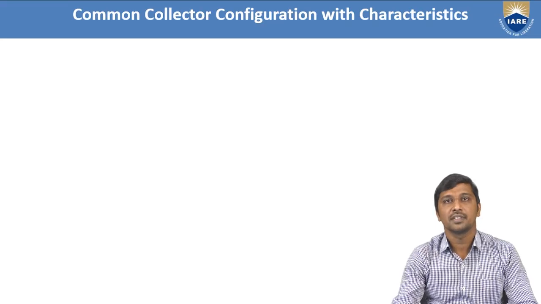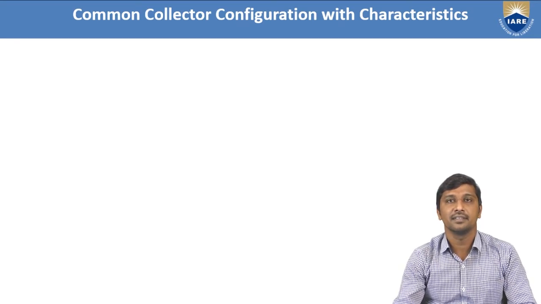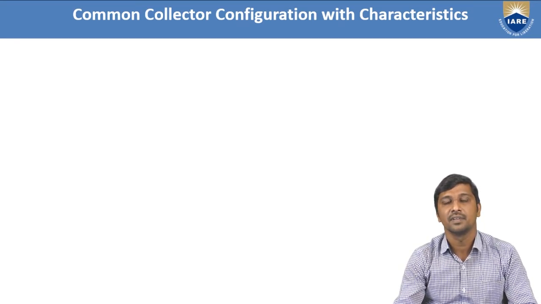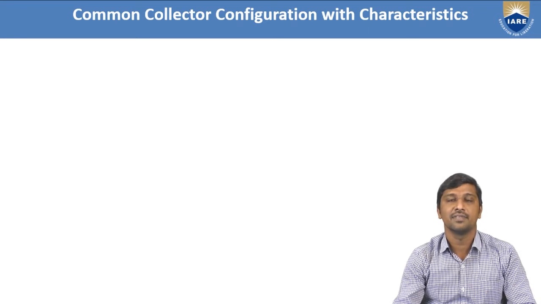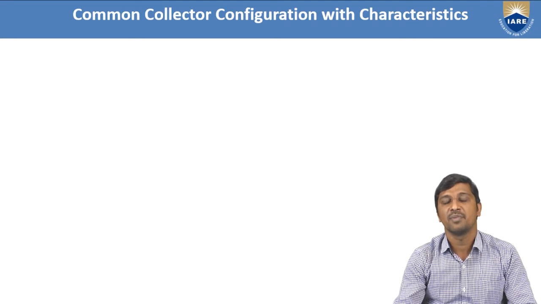Before going to the common collector configuration, we know that the bipolar junction transistor contains three terminals, namely emitter, base, and collector. Based on this, we define three types of configurations: common base, common emitter, and common collector.